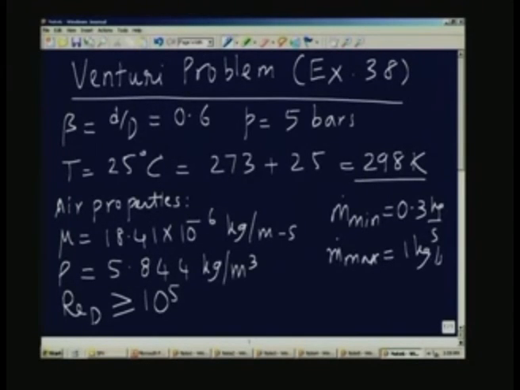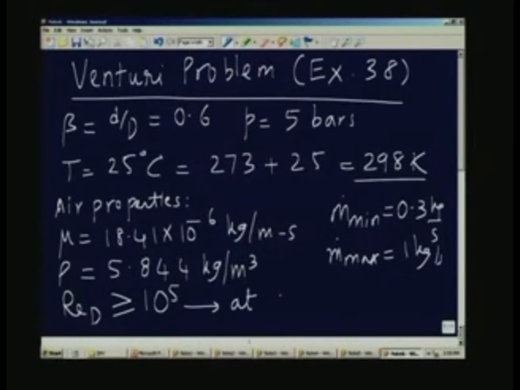If the Reynolds number has to be greater than or equal to 10 to the power of 5, this will be at m dot minimum. For the minimum mass flow rate, I must choose the Reynolds number such that it is equal to or greater than 10 to the power of 5. So that will be the limiting value.